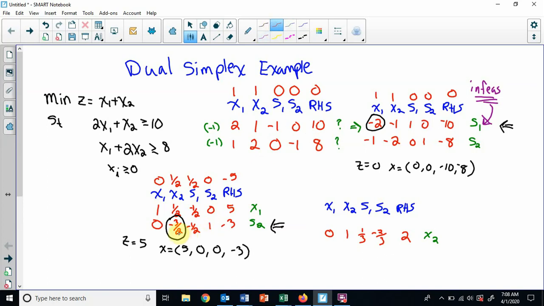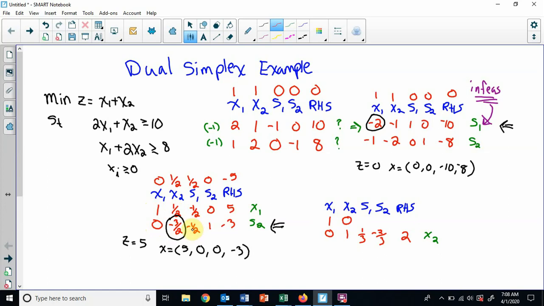So now we're going to want to zero out this entry above. So, we can use these numbers, or we can use these. It does not really matter, but to zero that out, I would need to multiply this by a third, so the 3's would cancel, and then add it up. So a third plus times 0 plus 1 is still 1. A third would make that negative a half, add it up to 0.